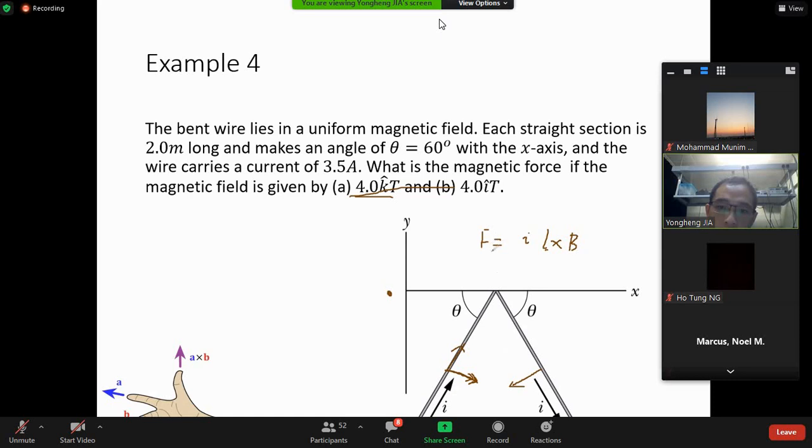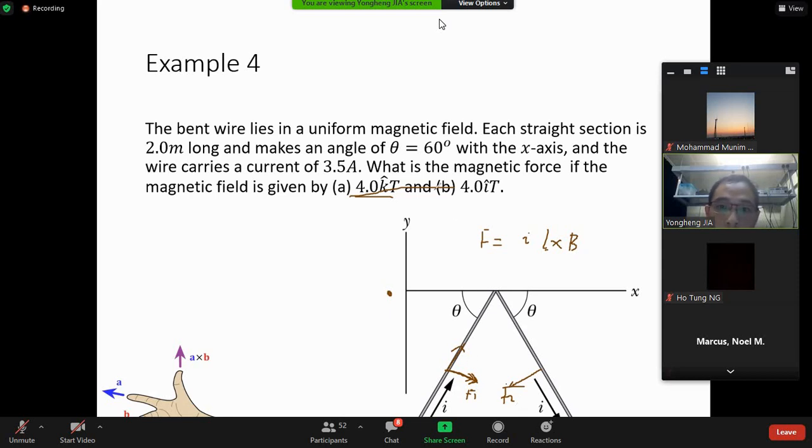So we can easily get F1 and F2 here. And for the total force on this loop, we get F1 and F2 directly, but combine them using the vector rule.